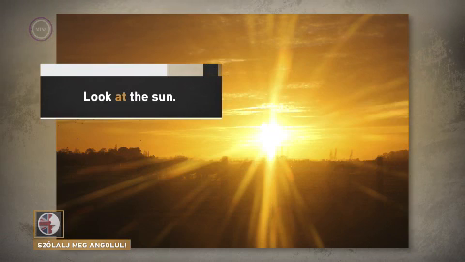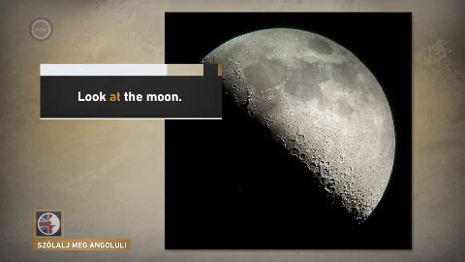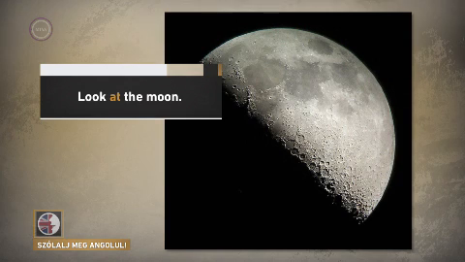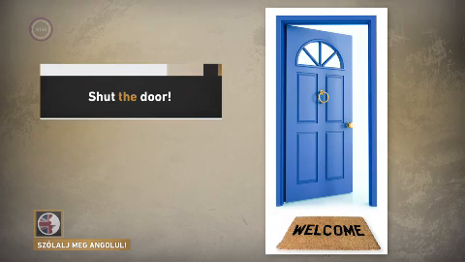There is only one sun, so we all know what we're talking about. Look at the moon. Again, just like the sun, there is only one moon, so we use the definite article. We all know what we're talking about. Shut the door. There is only one door here, so again, we all know which door we're talking about.